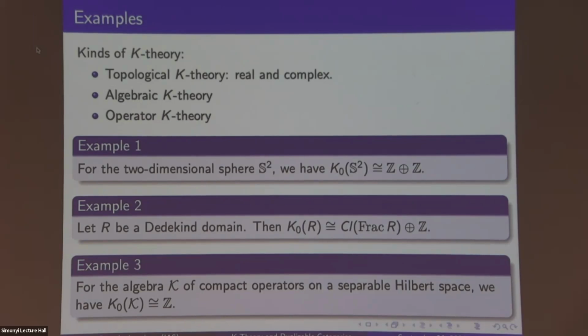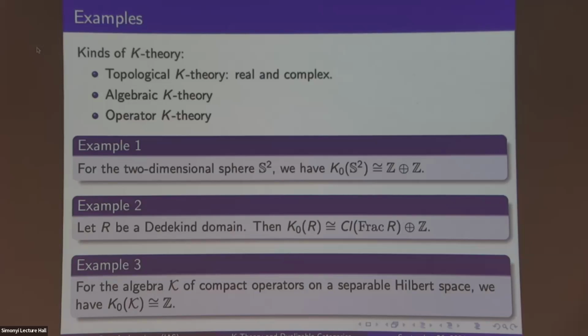It's actually generated by two elements. First of all, you take the trivial bundle on CP1, where now I view S2 as CP1. So the trivial one-dimensional complex vector bundle, and you have the tautological bundle on CP1. These two generate this additive group.